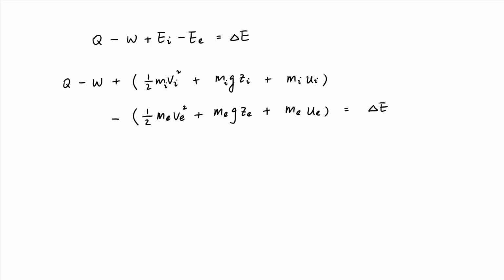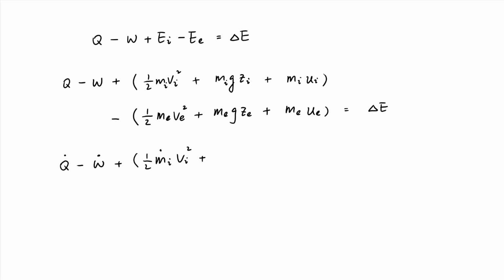Next, what we do is to divide every single term by time. If we do that, Q becomes Q dot and W becomes W dot, and everything inside the parenthesis becomes 1/2. Mass over time becomes mass flow rate, with the dot on top of it.